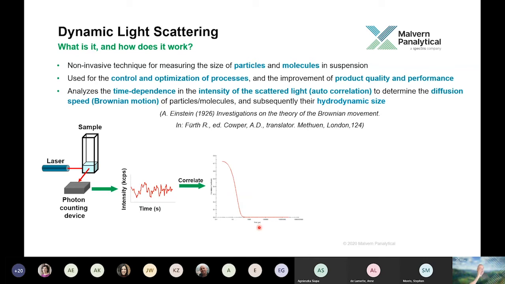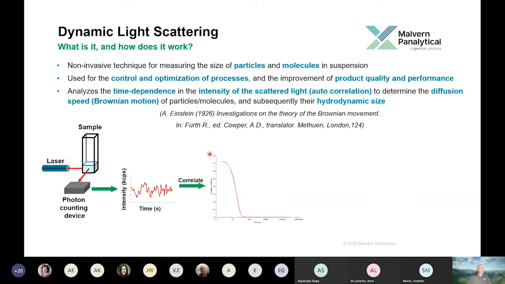So for example, if we look at the number of photons at the start of the measurement, then we look at the number of photons, let's say 100 nanoseconds further along, and then 200 nanoseconds further along, and all the way out to, in our case, 1.68 seconds. So we have a logarithmic spaced set of delay times in our correlator.